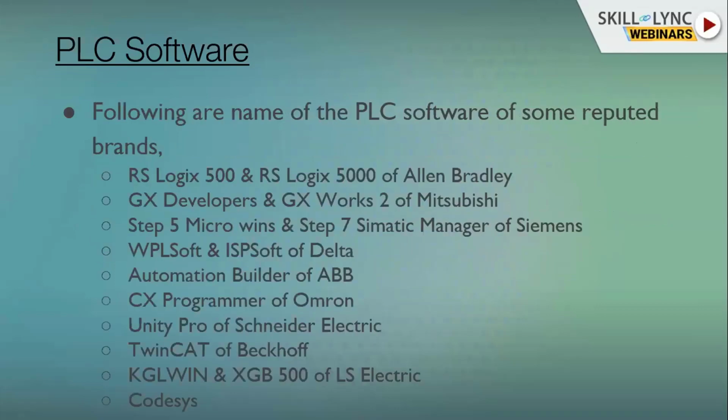These are the list of PLC software used by some reputed PLC companies. For example, RSLogix 500 and RSLogix 5000 of Allen Bradley. Allen Bradley is the PLC division of Rockwell Automation. RSLogix 500 is the older version, and the newer version is RSLogix 5000. Same as GX Developer and GX Works 2 of Mitsubishi. GX Developer is the older version, GX Works 2 is the recent version. For Siemens, it is Step 5, Micro, and Step 7 SIMATIC Manager. For Delta, WPLSoft and ISPSoft are older and newer versions in that manner.